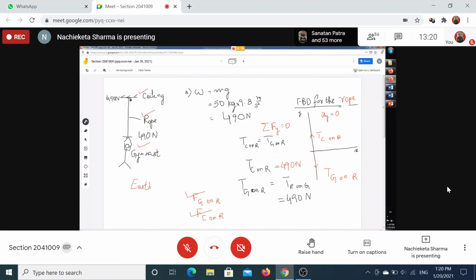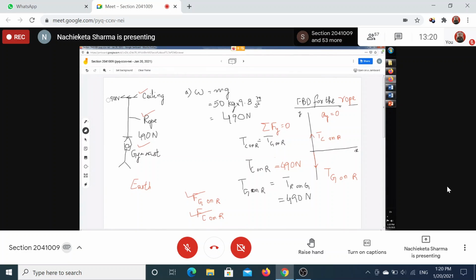What happens if you take a rope of weight 120 Newton, which is done in example 5.2? Suppose my rope doesn't have negligible mass, but it has a mass, then what will happen to my tension?